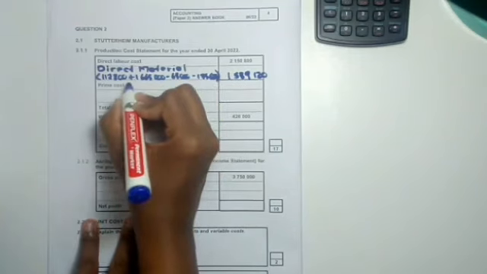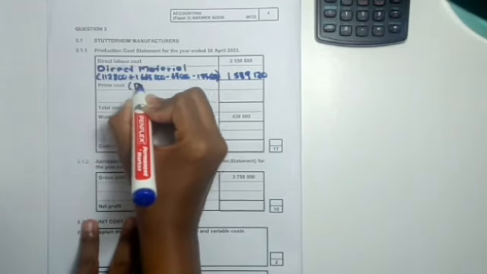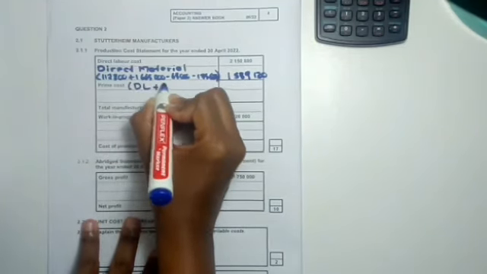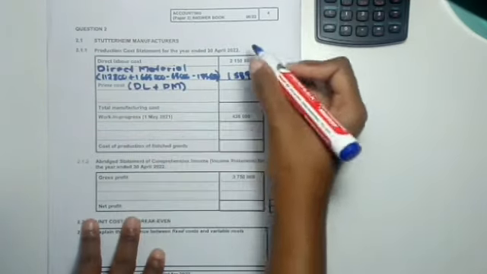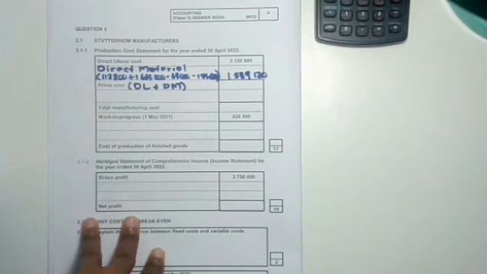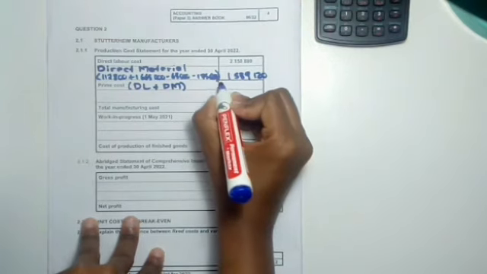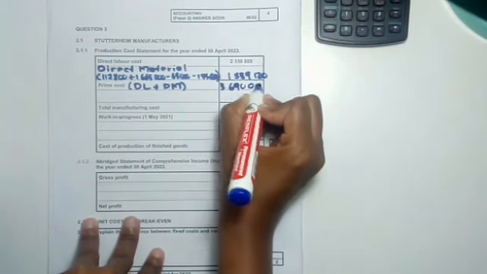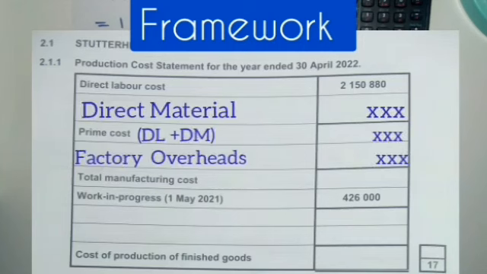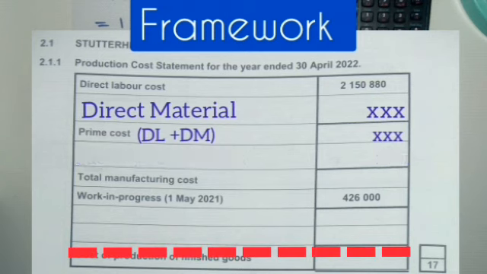So your prime cost will be DL plus DM. Direct labor, direct material will give you your prime cost of 3,690,000.